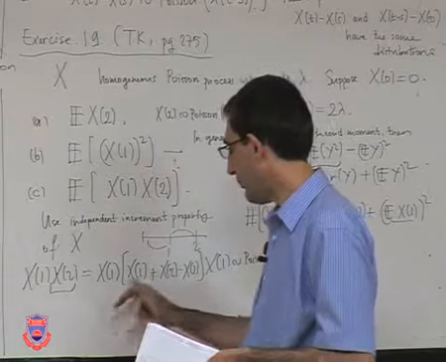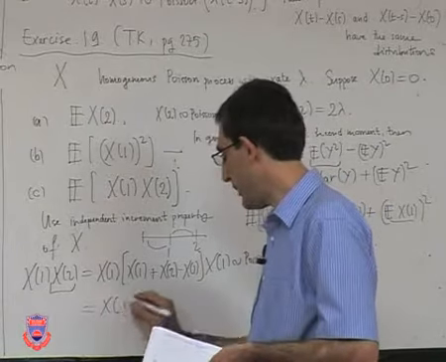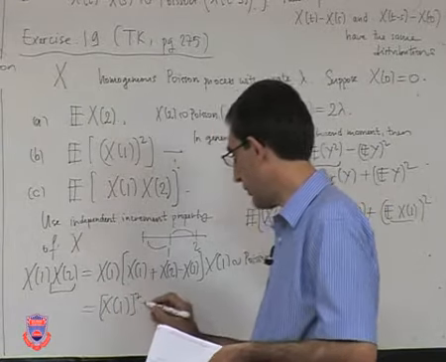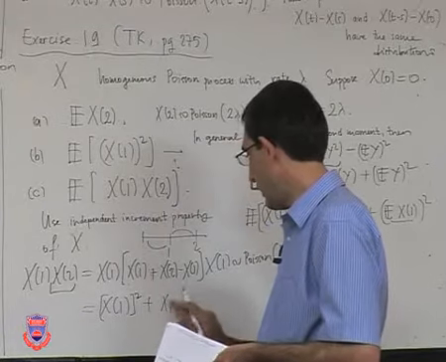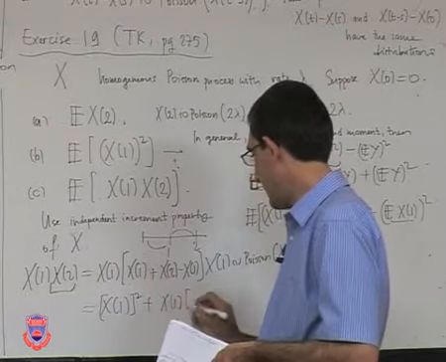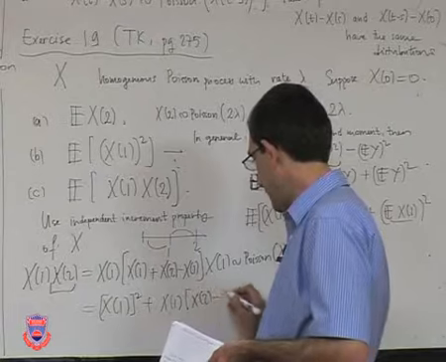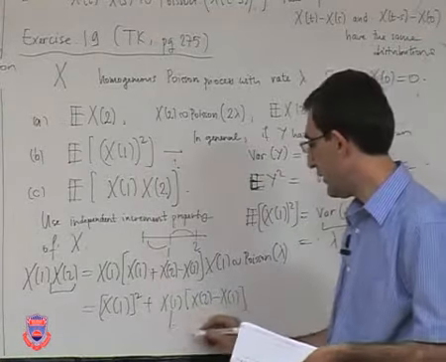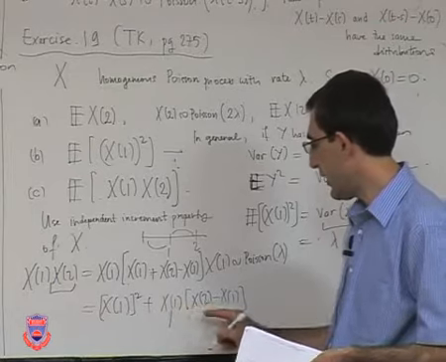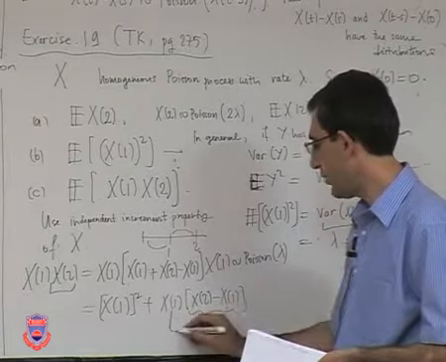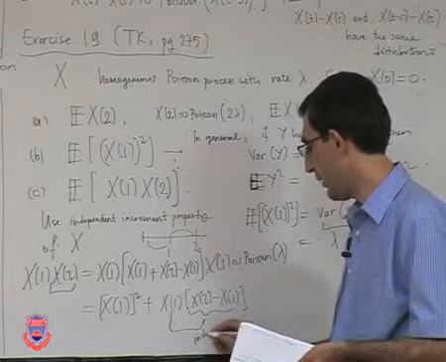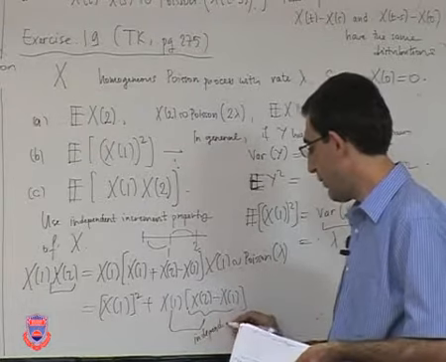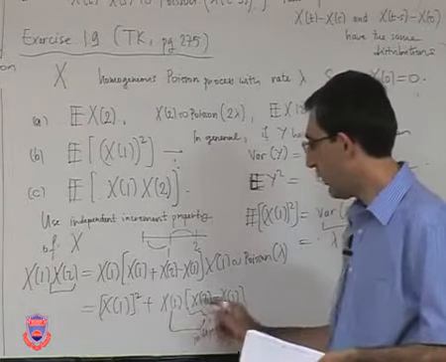And then if we just expand this, we have x1 squared plus x1 times (x2 minus x1), right? And these two random variables are independent now, because both of them give us what?